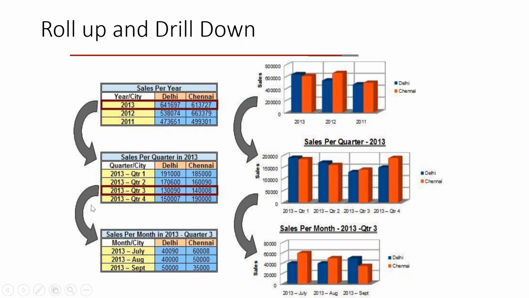We are drilling down to the lower granular dimension level, and the vice versa is called roll up. Rolling up means going from the lower hierarchical level to the higher hierarchical level. So the terminology is roll up and drill down.